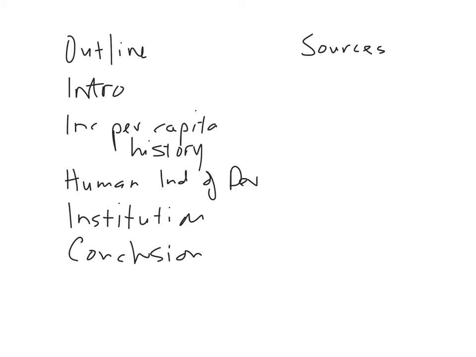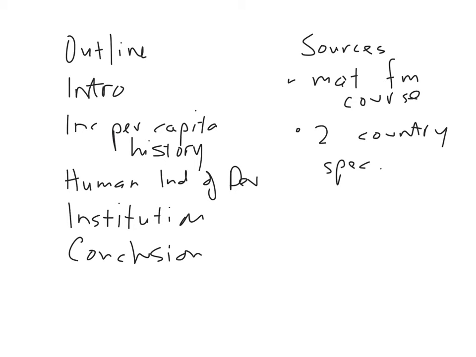As far as sources, the material from the course, the CORE Econ reading, the articles that we read, where they apply, I expect you to cite if it helps. And then I'm going to say 2 country-specific sources, and these aren't like CIA reports of data, but I think you're going to need at least 2, and maybe only 2, given the brevity of the assignment.